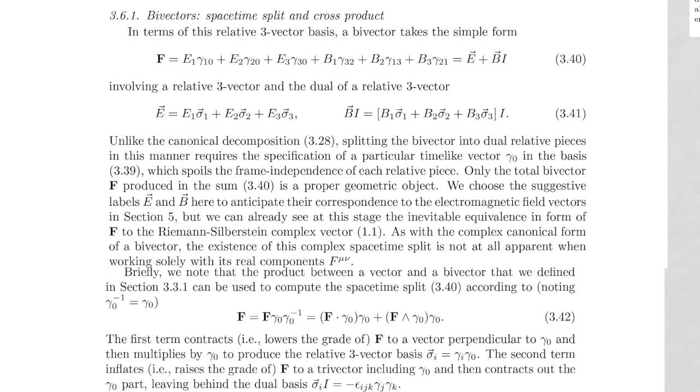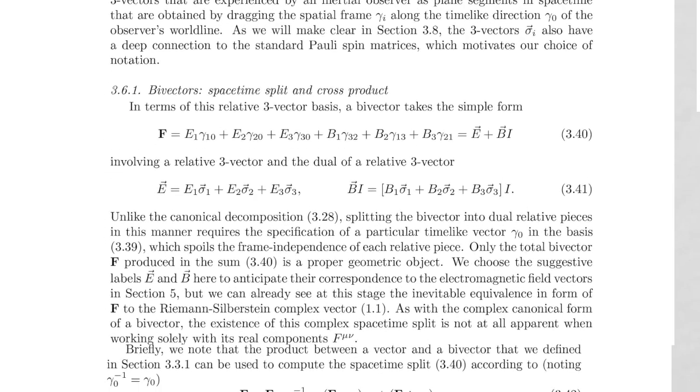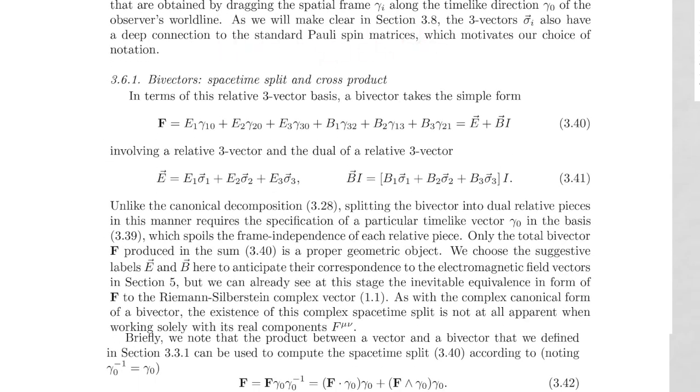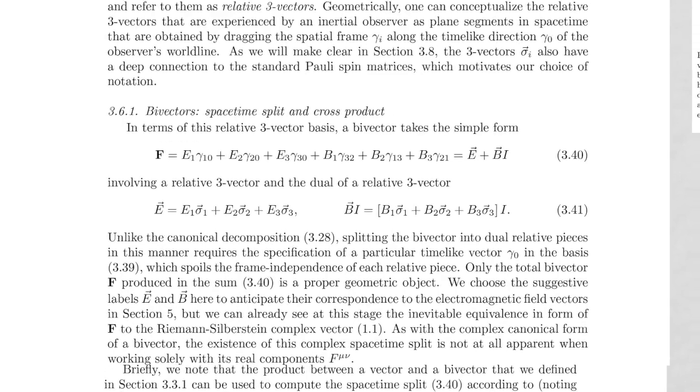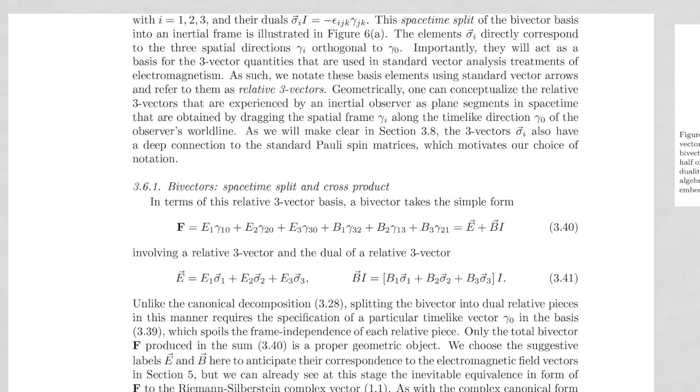Actually, we're going to begin with 3.6.1 because we did finish the generic material earlier, and we've already talked about the spacetime split for bivectors, right? We talked about dividing the bivectors into the group sigma i0 and then sigma ij, where neither i nor j is 0.